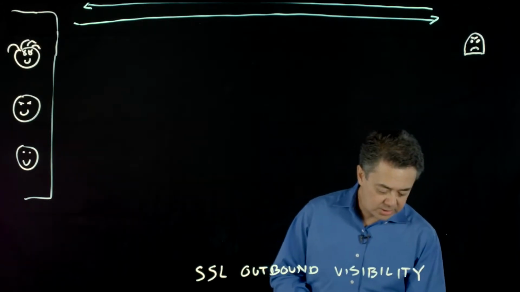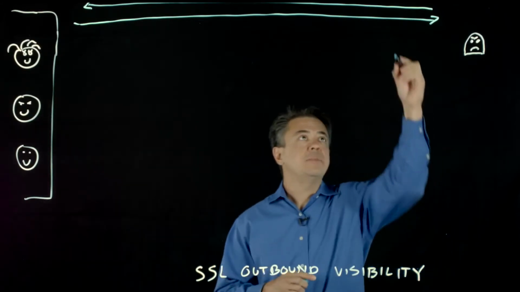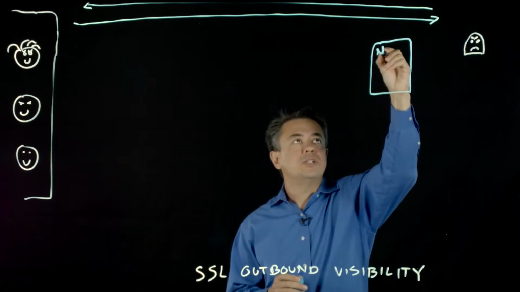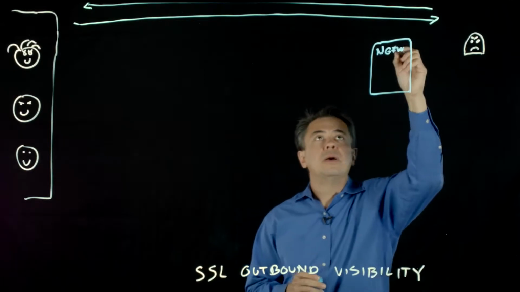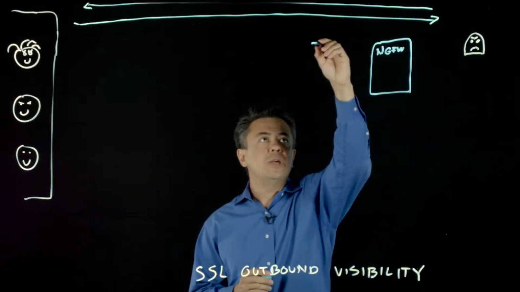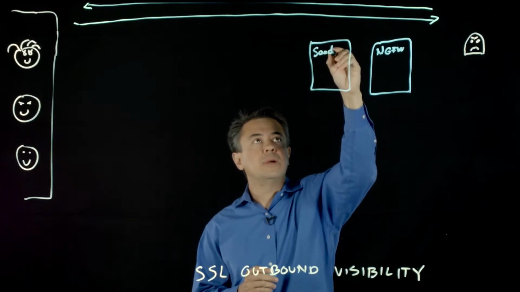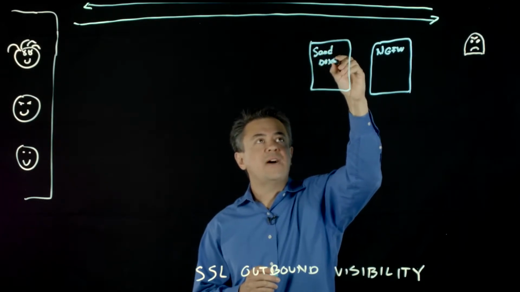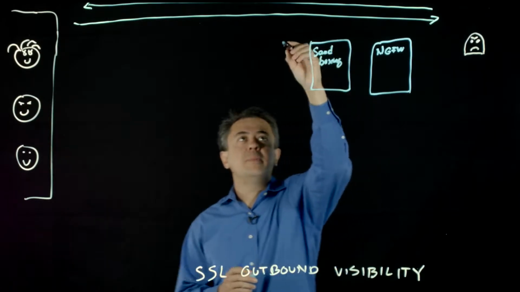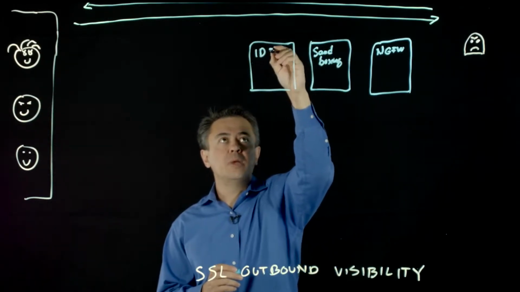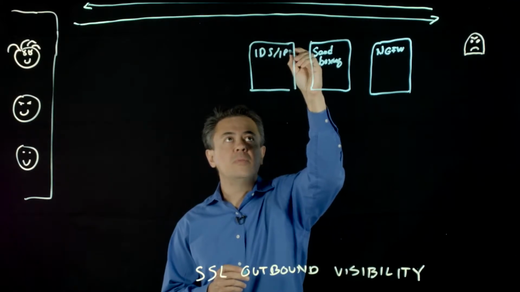And if we were to draw some of them, and I'll just use standard industry terms here, for example, next generation firewall, or the new kid on the block is sandboxing, right? Some of you might know that as FireEye, or maybe IDS, IPS, older technology, but being repurposed to look for malware.